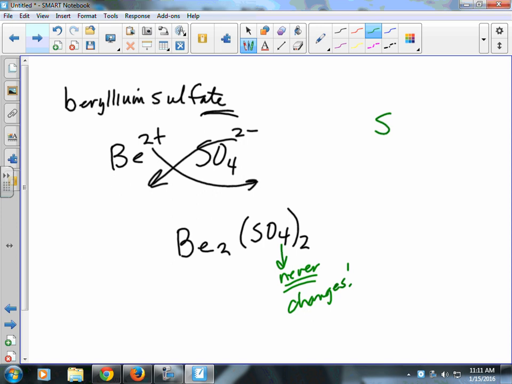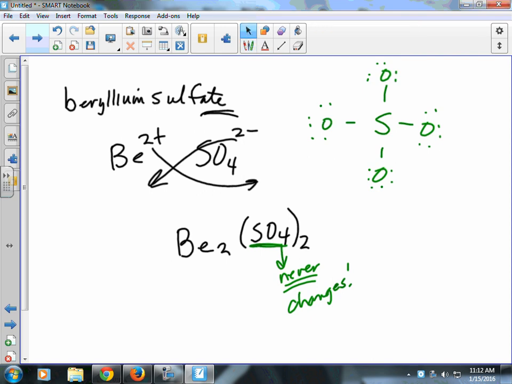And here's why. That never changes. You don't do anything to it. It stays the same. So that polyatomic ion symbol that you look up, you don't change anything in it. So what is the ratio of the ions? 2 and 2.